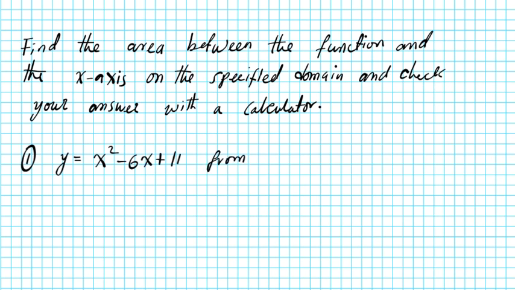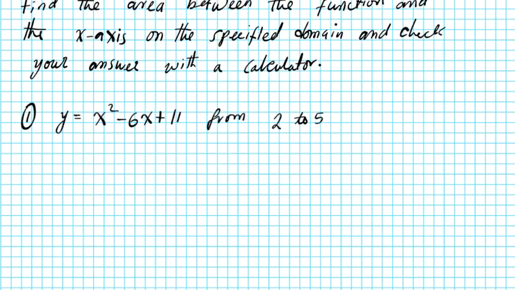from 2 to 5. Let's go ahead and rewrite the formula to guide us. Area is the integral from a to b of f of x dx. Alright, so we know what our function is. The function that we're going to be integrating is x squared minus 6x plus 11.